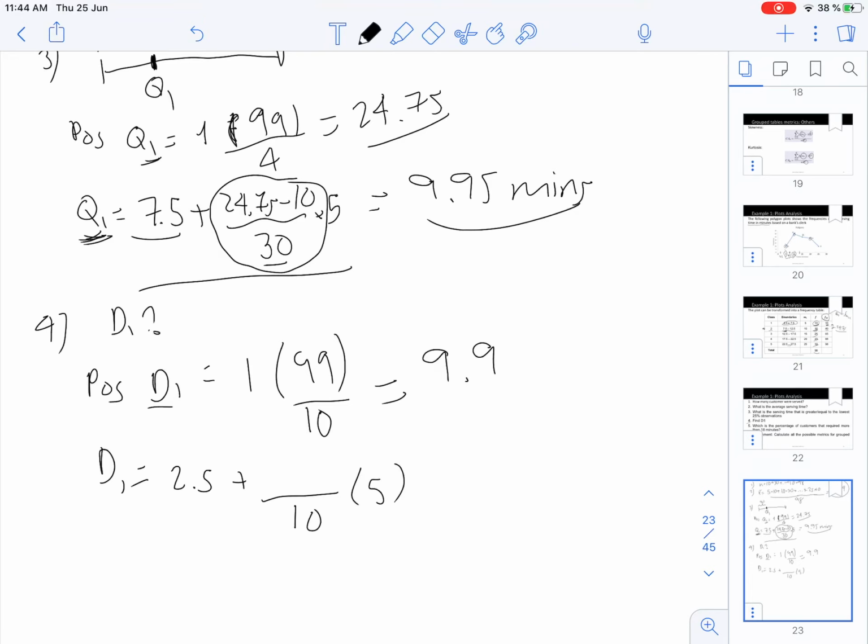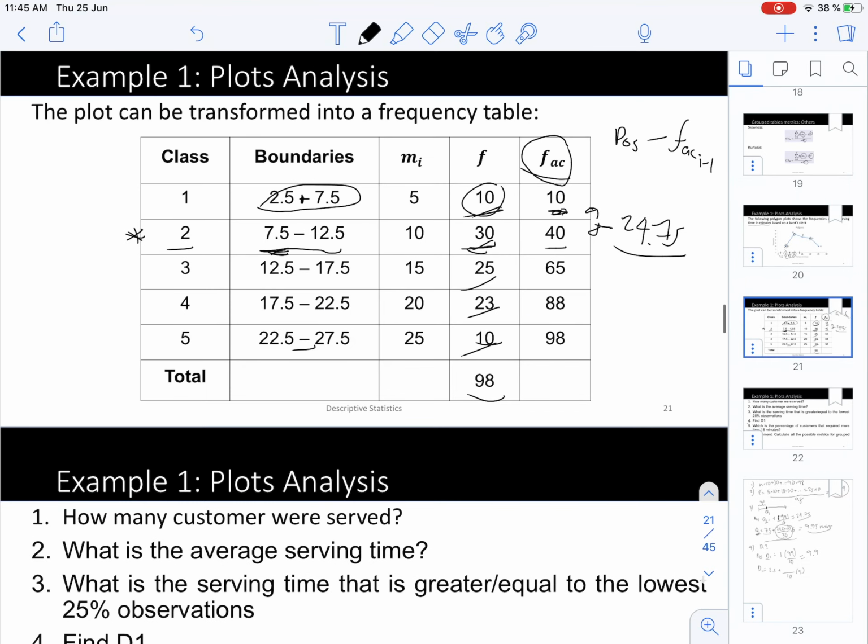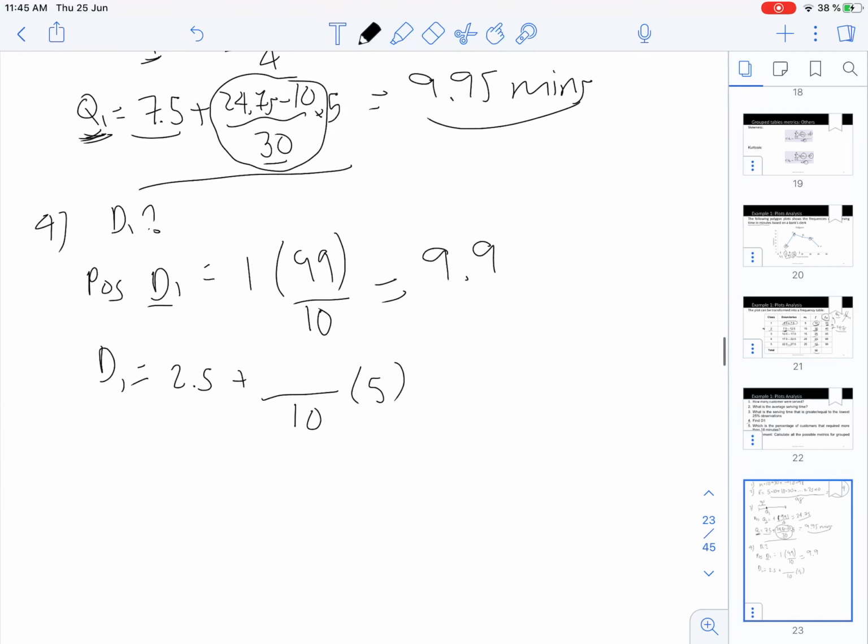And G, remember, is how many observations are below the position inside the class. We use a mini equation over there, position minus the previous cumulative frequency. But since this one is the first class, there is no previous cumulative frequency, right? So the equation is just the position here. So there are 9.9 observations below that decile inside the first class, because we don't have a previous class, so it doesn't make sense to deduct the cumulative frequency of the previous class.